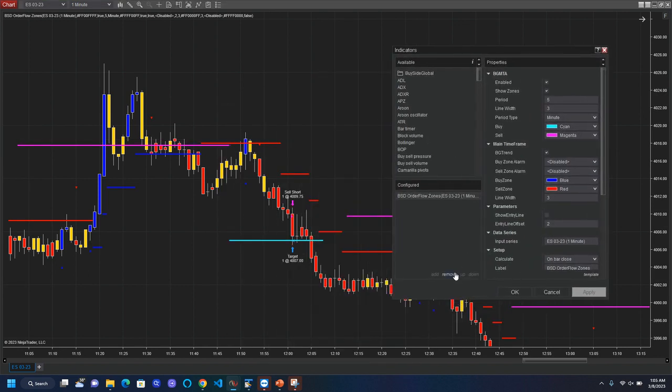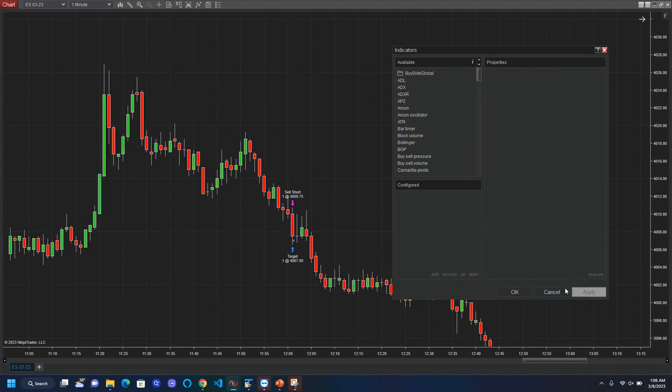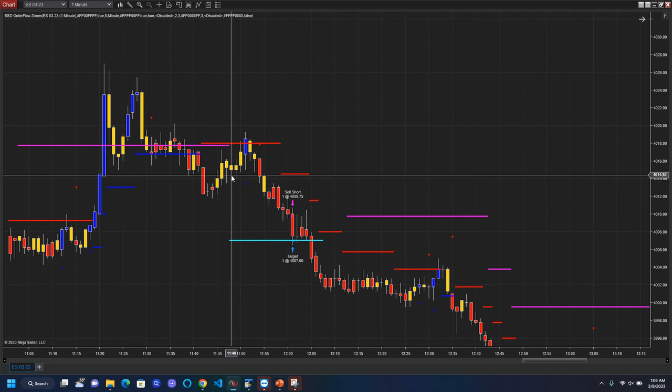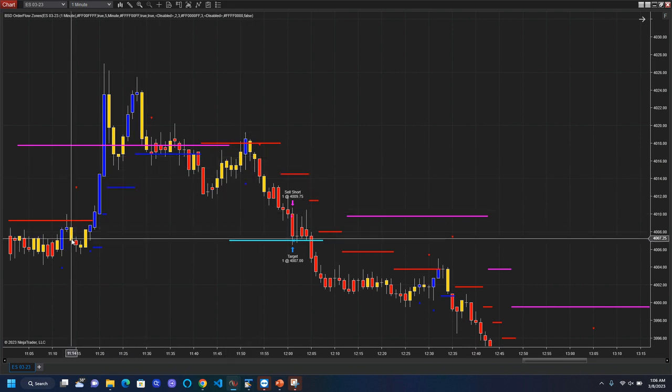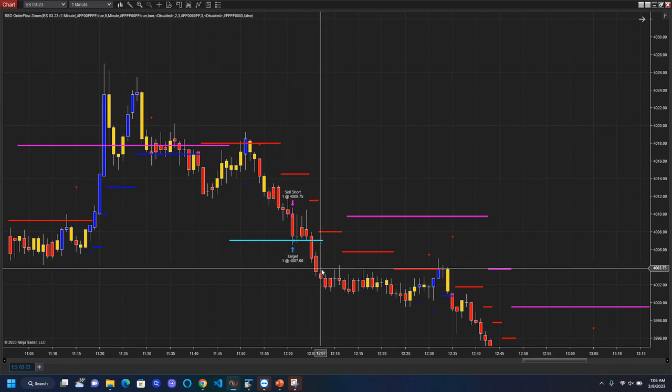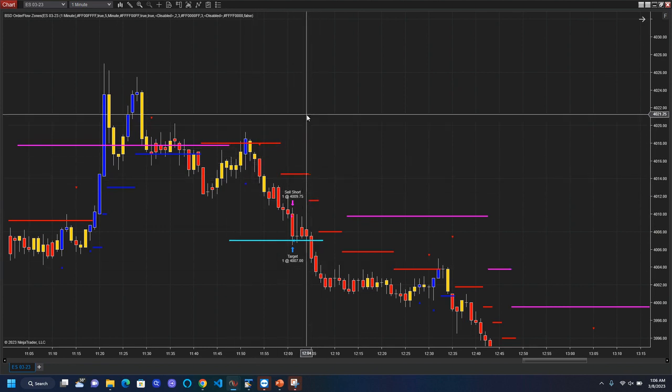If you don't have it, you can see green, red, it's like green and red, there's no clear way. I think order flow zones is a better trend indicator. You can find the trend: long as blue, short as red, choppy as yellow.